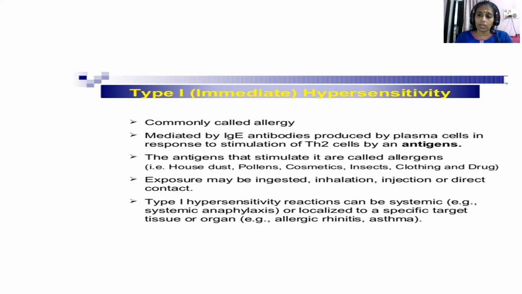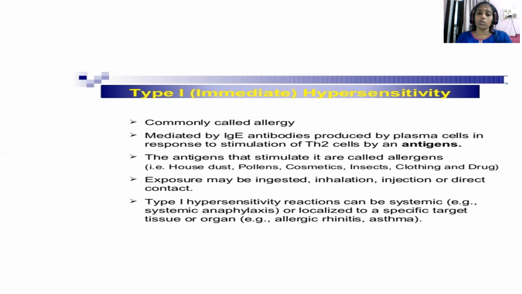Th means T helper cells. There are 2 major types of T cells, that is thymocytes: the T helper cell and the T cytotoxic cell. We call them Th and Tc for short. Among these T helper cells, we have different classes, and one class is Th2.